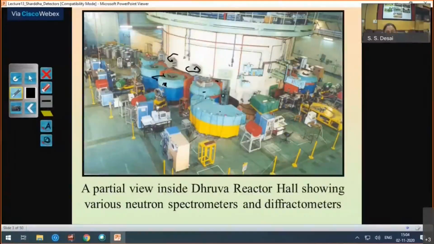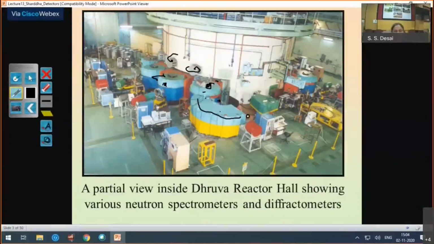So these are the monochromator drums. The monochromatic beam falls on the sample position, and once it is scattered, there are various detectors lying in this shielding. I will show you in detail in the later slides.